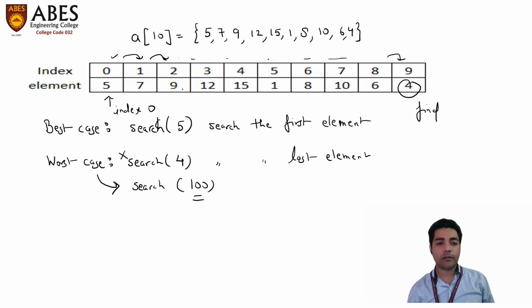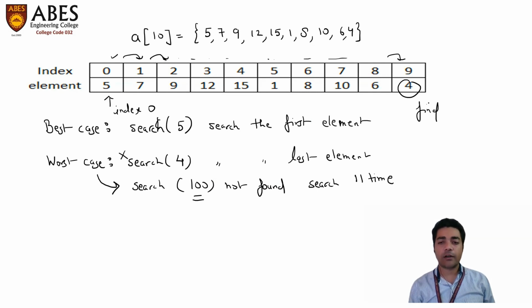We can see there is no number 100 in this array, so 100 is not found, and I'm going to search this array 11 times. Because on the 10th time I'm searching the last index element, and I will not find the number 100, and I'm going to search it 11 times. So if the number itself is not found, then that is the worst case. I have to run 11 times through this array.